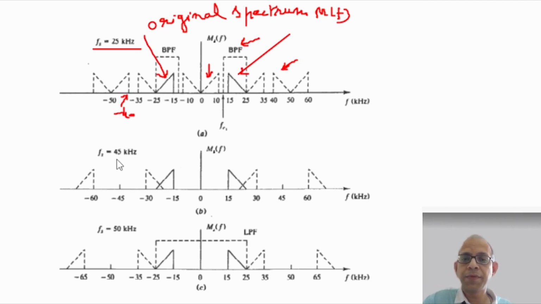However, if we take the sampling rate to be 45 kilohertz as shown here and follow the same procedure to get the spectrum of the sampled signal, we see that there is an overlap between 2 successive copies of the spectrum and therefore we cannot extract this spectrum correctly by using any filter and there will be distortion.